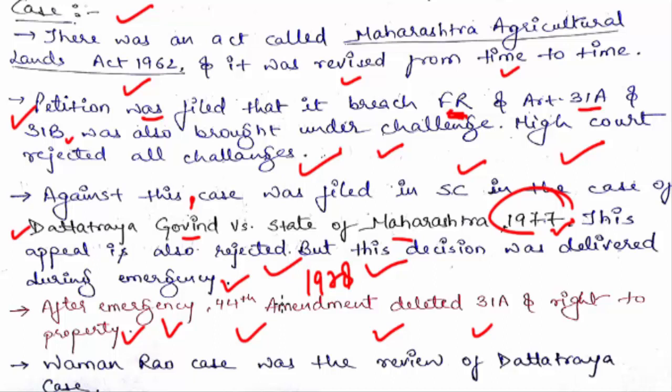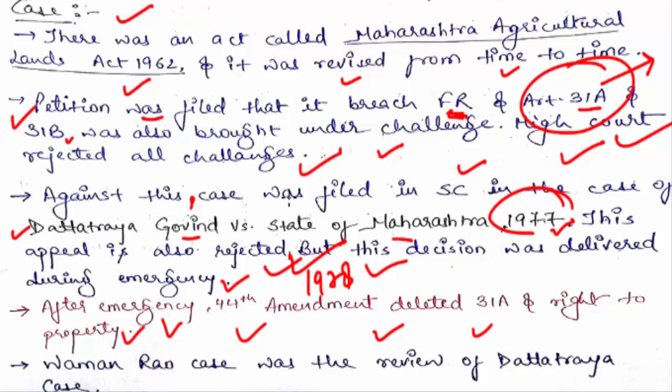And now the petitioner thought: Article 31A was in question, and since we now have the basic structure doctrine, and since Article 31A is itself deleted, and the High Court and the Supreme Court in Dattatreya Govind versus State of Maharashtra checked the Maharashtra Agricultural Land Act with respect to Article 31A and said that no, they are coherent with the Constitution.